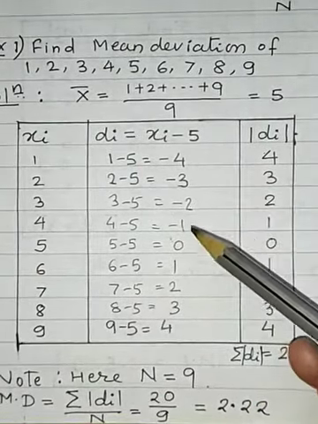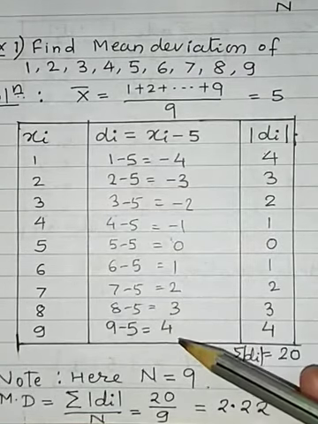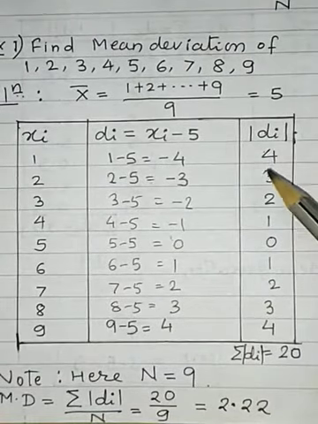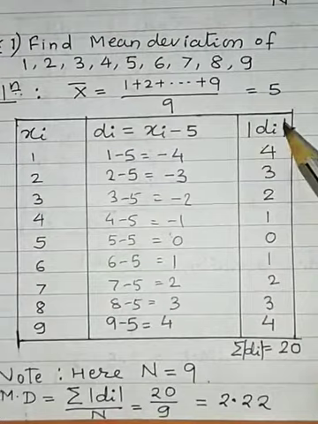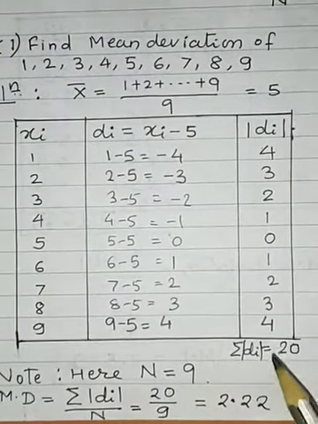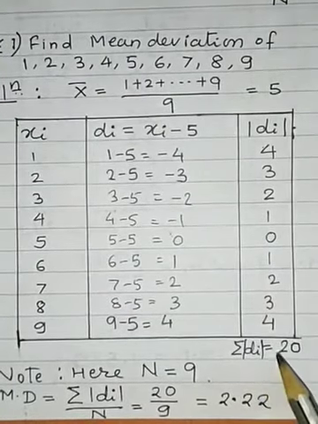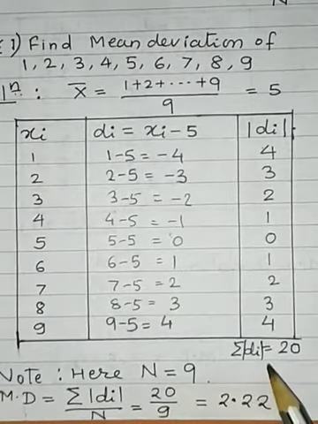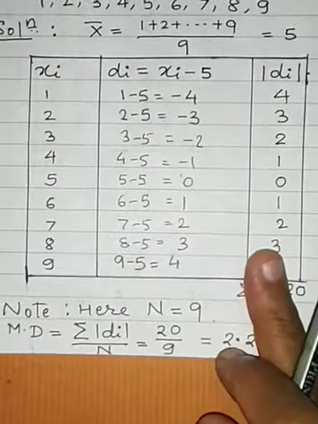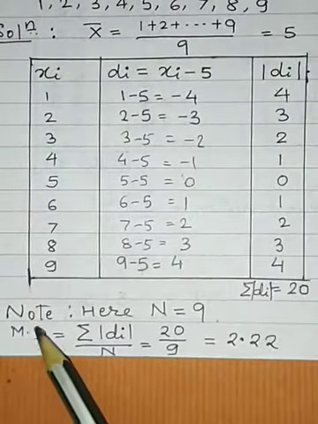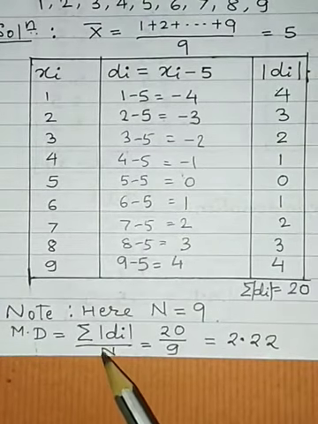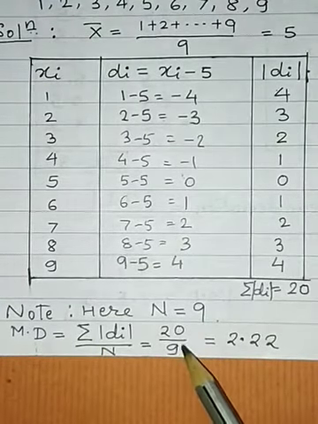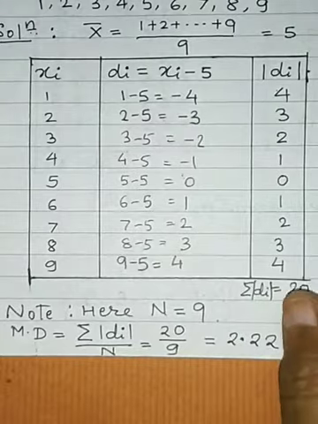So some numbers will be negative, some will be positive. Then you make all of them positive by taking their modulus. And take the sum here, summation mod di, that is 20. And then you substitute in the formula, mean deviation is equal to summation mod di upon n, that is 20 upon 9 is equal to 2.22.